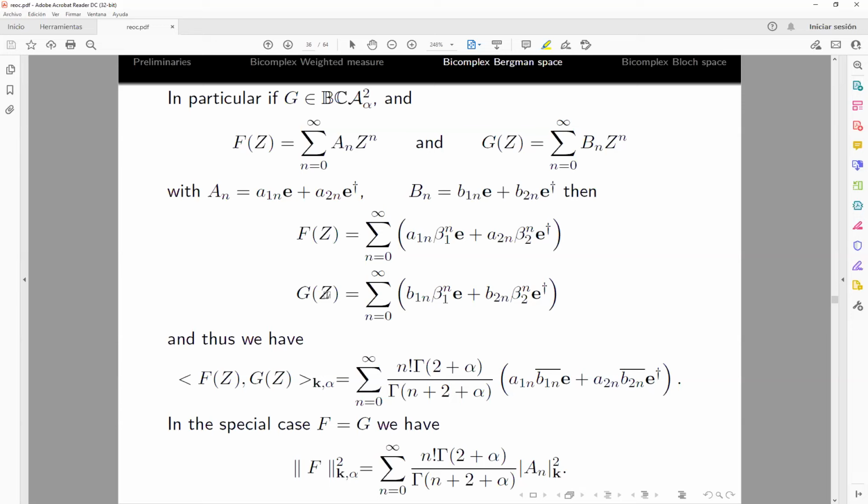Then F and G can be written in this form. Please observe here only beta 1 to power n, beta 2 to power n, and so on.